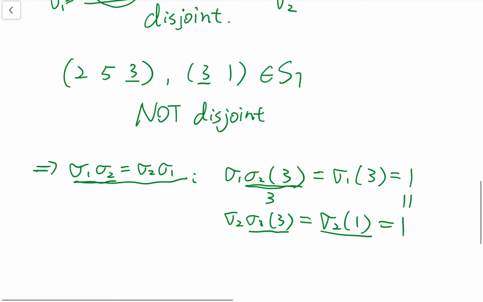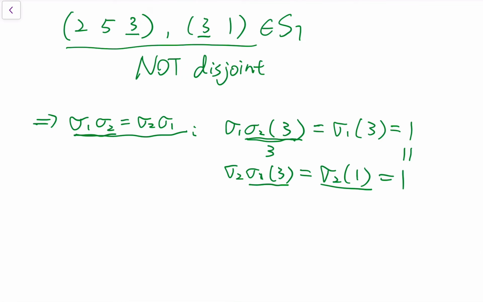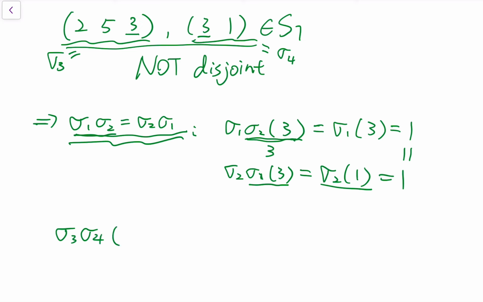But for cycles that are not disjoint, this will not be true. Let's denote the first cycle by sigma 3 and the other by sigma 4. Then sigma 3 sigma 4 applied to 3: sigma 4 applied to 3 gives 1, and 1 is not in sigma 3, so it is fixed and we get 1.